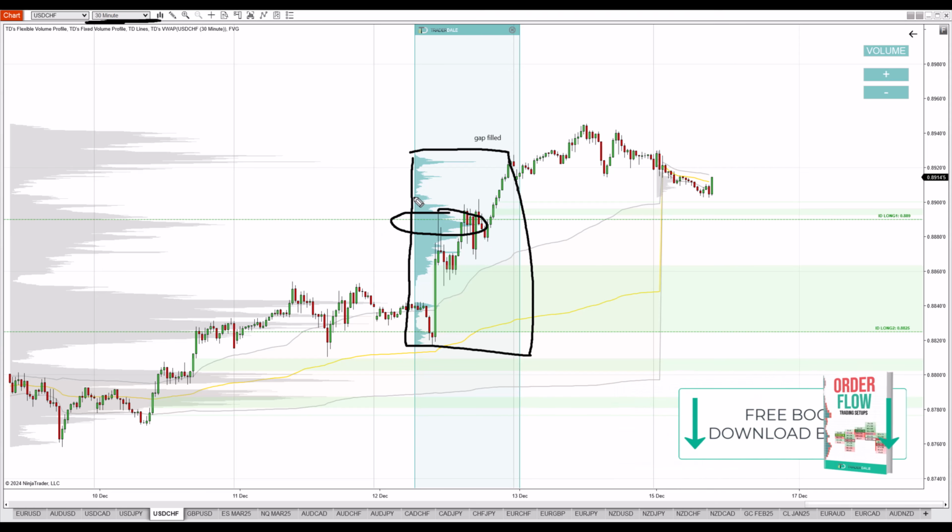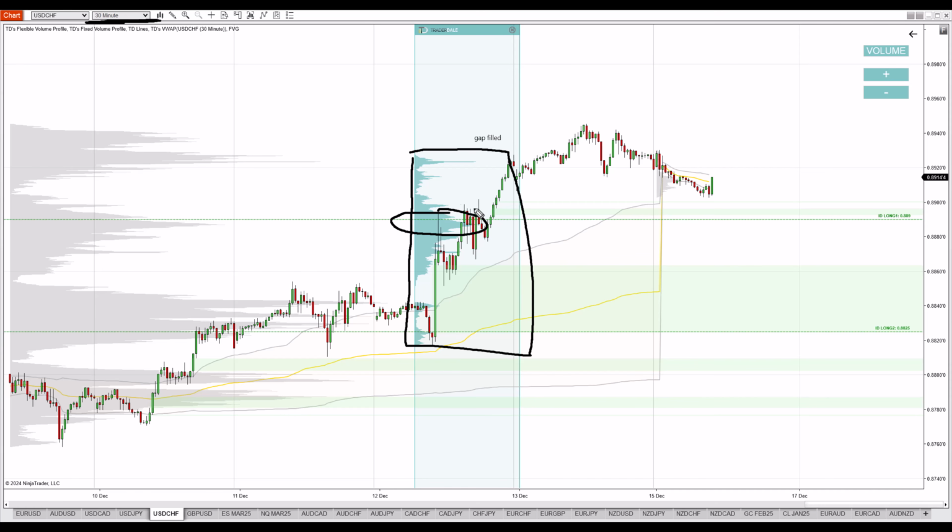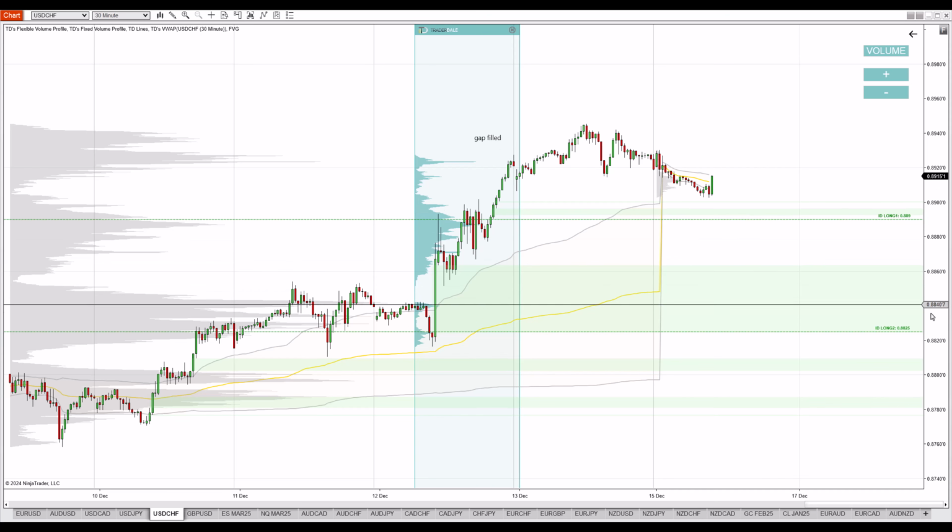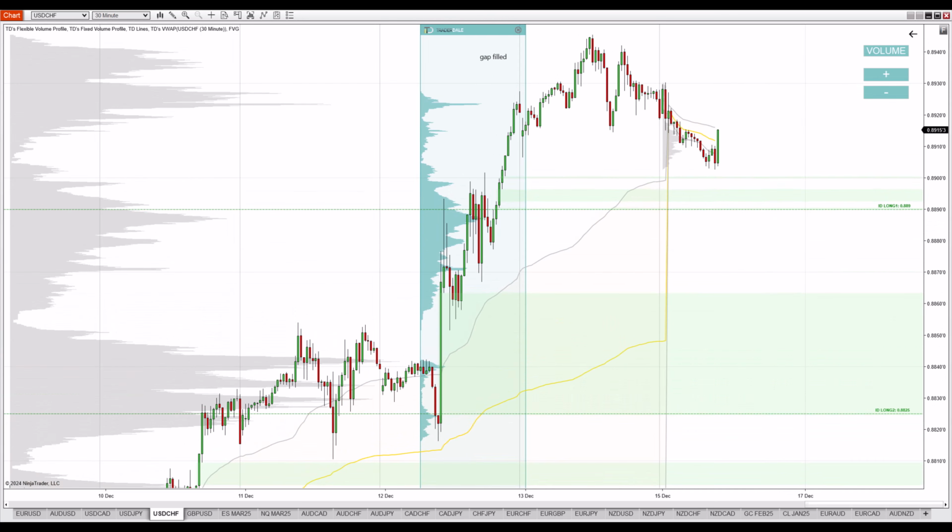Right? So again, this is telling us that buyers are active here, adding to their long positions. This is the level from which I want to trade. It is at 0.8890. And also, as you can see, there is a little fair value gap here. If I zoom this in, then you can see that it is highlighted in green.